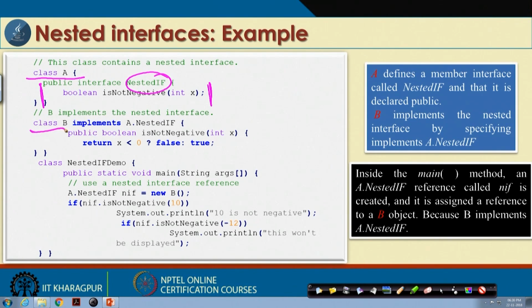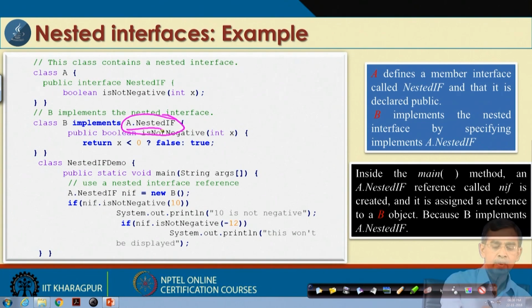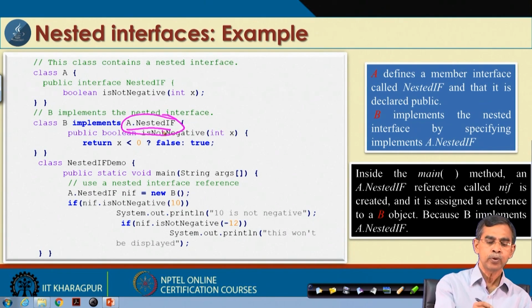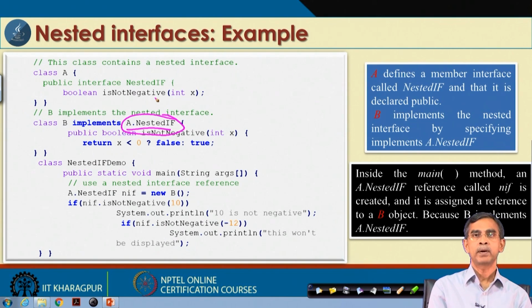So, here is the class B which implements nested if, and you can see that for nested if we have mentioned A dot. This is a special location specification: A dot means it is the interface which is declared in the class A. If you do not do this, in this case it will still work, but in some situations, if inside a class there is more than one interface, then it is better to do it like this.